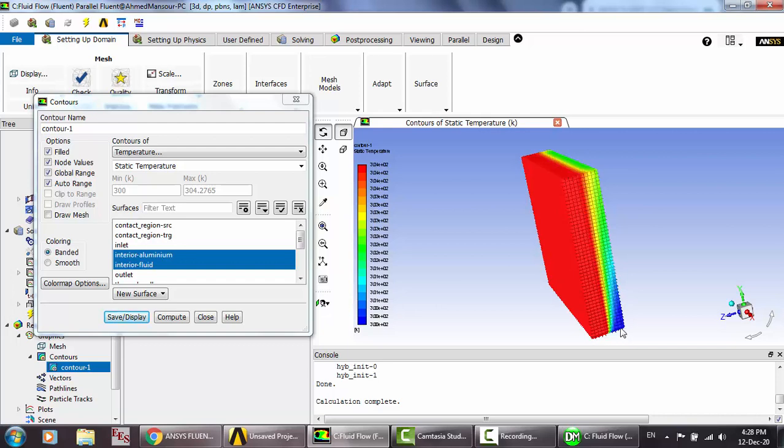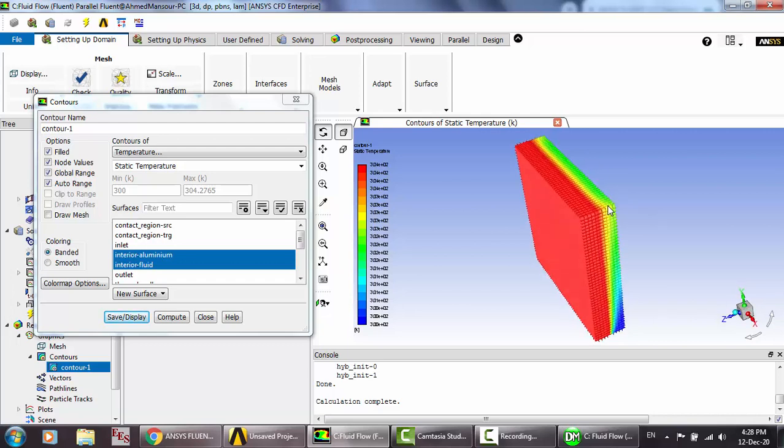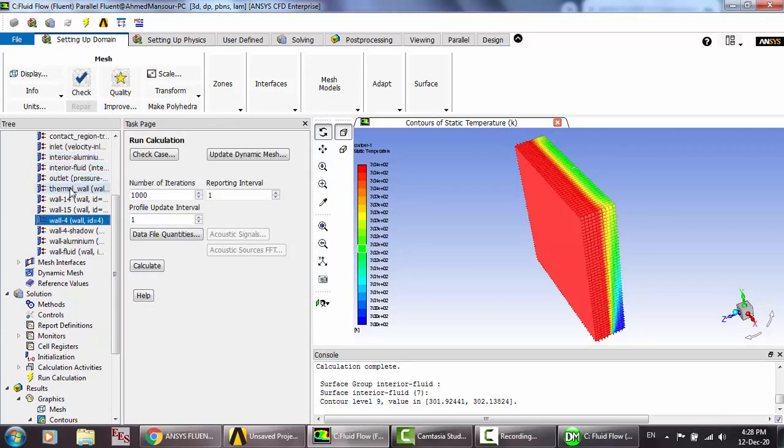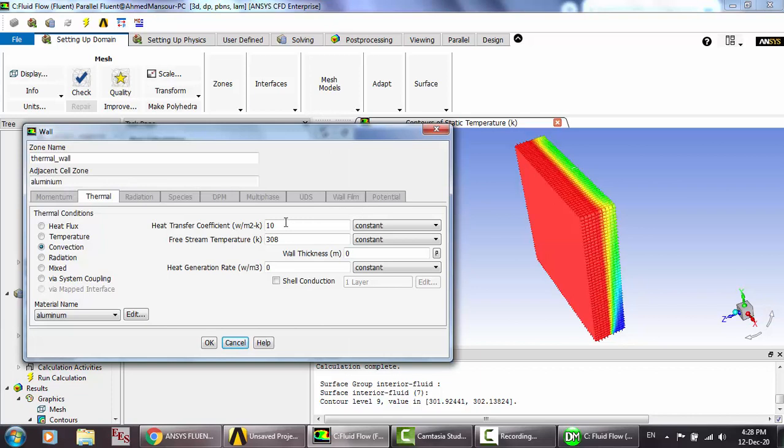It enters at 300 Kelvin, but because of the contact with the aluminum, it will heat. That's why now we have high values. This is what happens when we increase the free stream temperature.